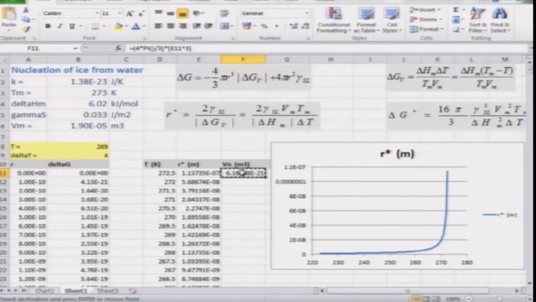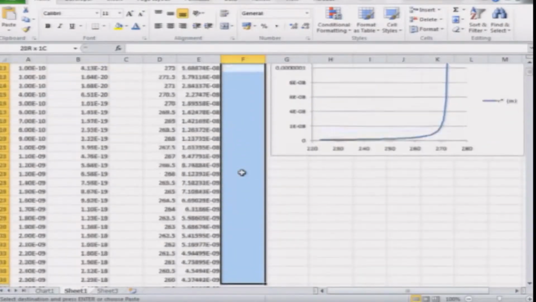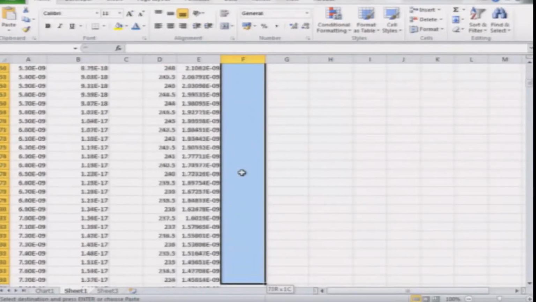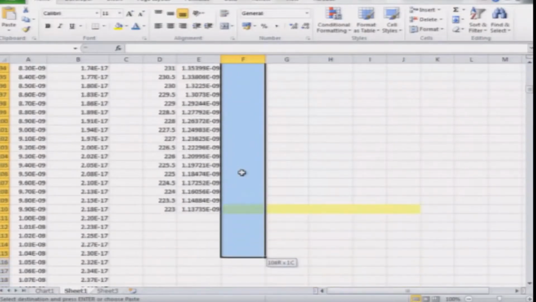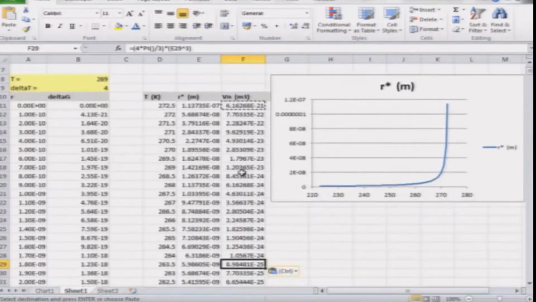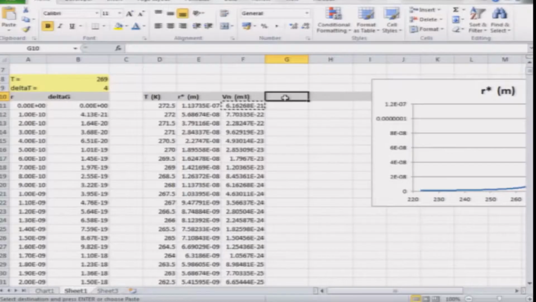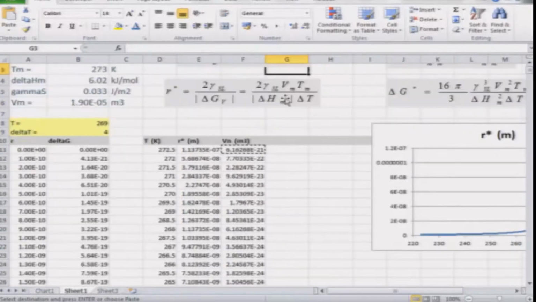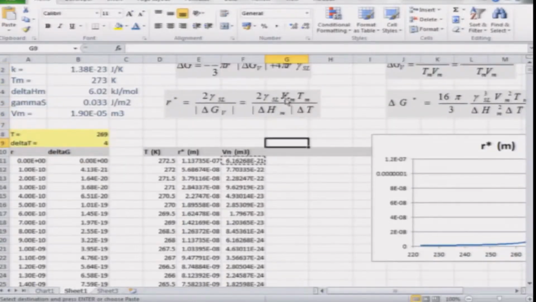I copy this formula so that I get volumes for different sizes. So now in this column I have volume calculated. Now let us calculate the number of molecules that would be involved. Now how does one get at the number of molecules?